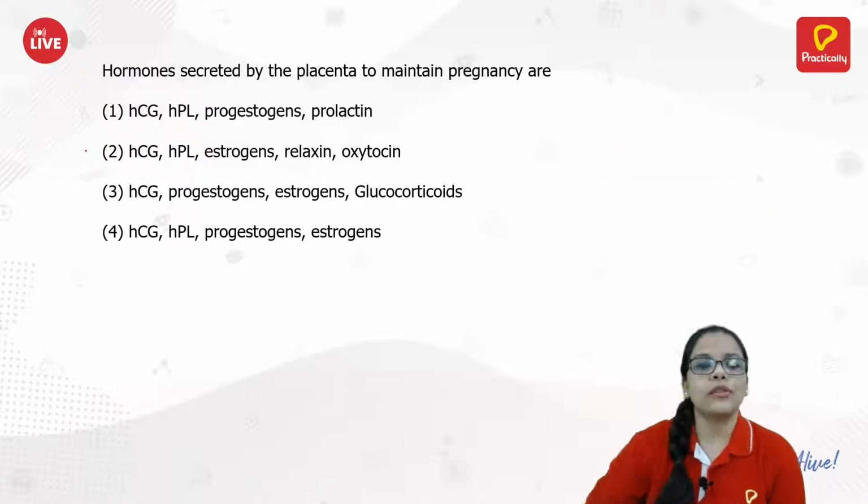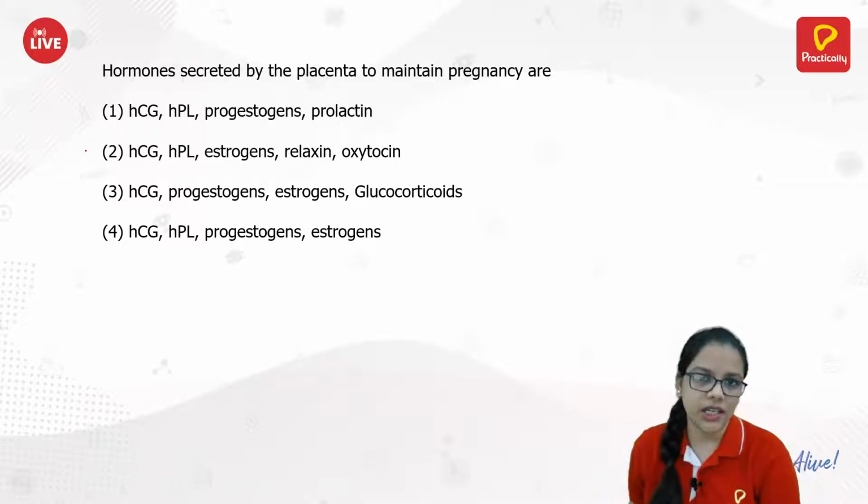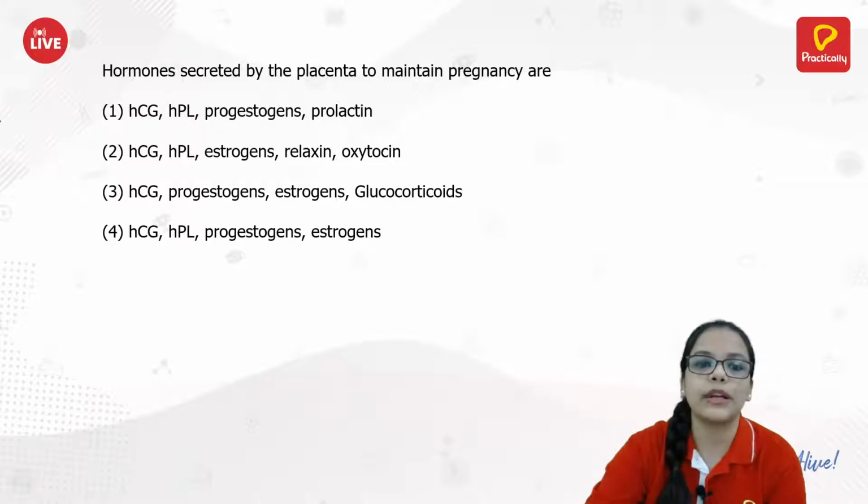Next, hormones secreted by placenta to maintain pregnancy are: HCG, HPL, progestogens, prolactin; HCG, HPL, estrogens, relaxin, oxytocin; HCG, progestogen, estrogens, glucocorticoids; and HCG, HPL, progestogen, estrogens. What we'll do here is try to eliminate things which are not required during pregnancy.